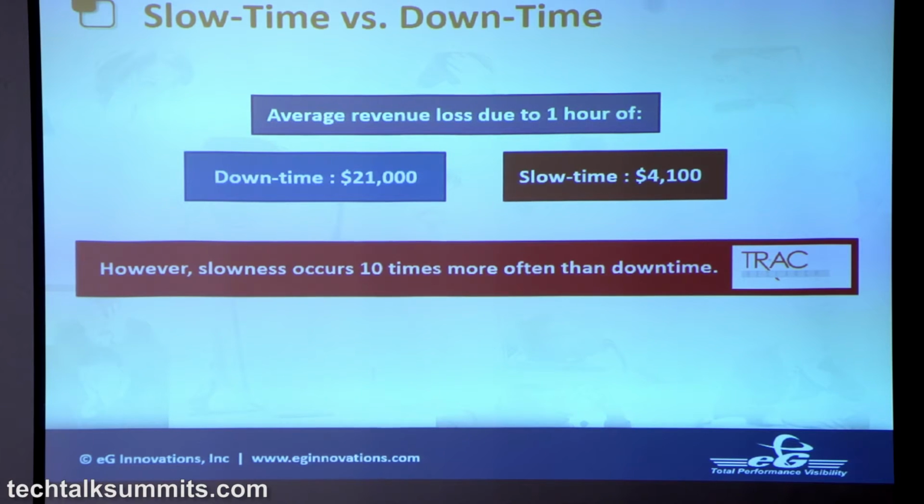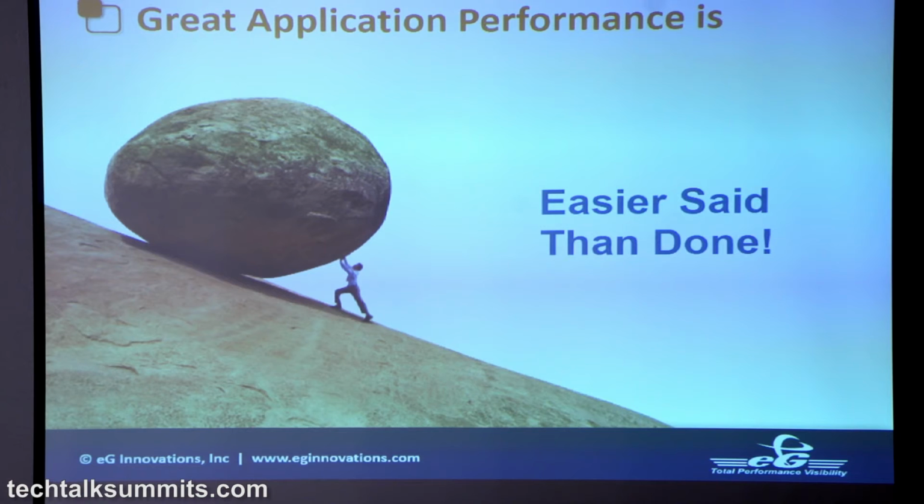Analysts say, however, that slow time occurs 10 times more, and in fact, I'll even say sometimes it can be more than that, depending on the organization and how the application is being assessed. But as a whole, getting that application performance monitoring is easier said than done, right?